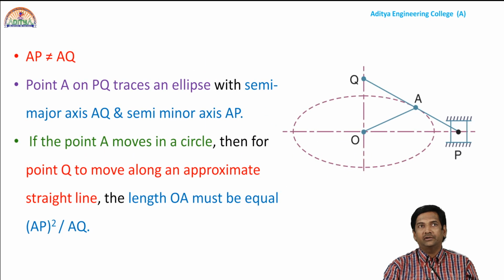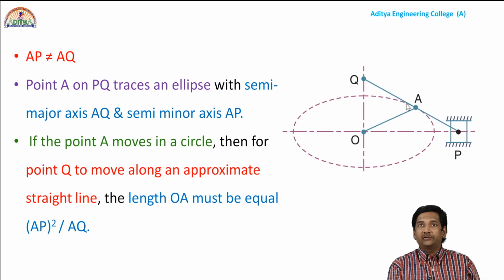Now, why is it so, we will see. Earlier we had the lengths OA, the radius, and AP, the connecting rod length, similar to our slider crank mechanism. And OA is equal to AP is equal to AQ in the case of the exact straight line Scott-Russell mechanism.